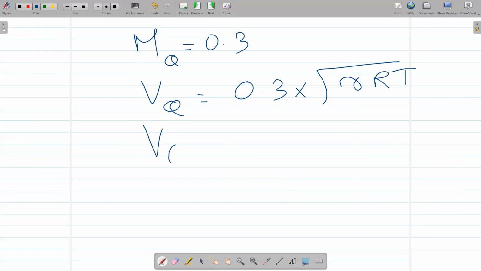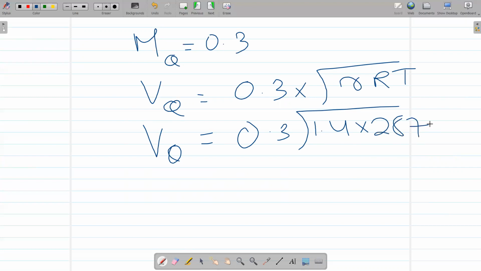So my velocity at location Q would be nothing but 0.3 into root of 1.4 into 287 into 300.